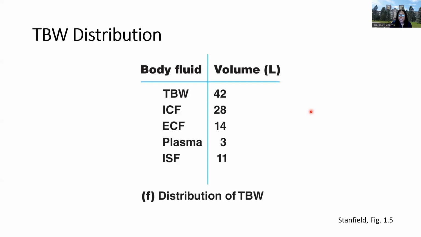So another trend that we see here is that most of our extracellular fluid is actually sitting within the tissues, right? It's the interstitial fluid. So most of our body water is inside of our cells, and then most of our extracellular fluid is in the tissues, the interstitial fluid.